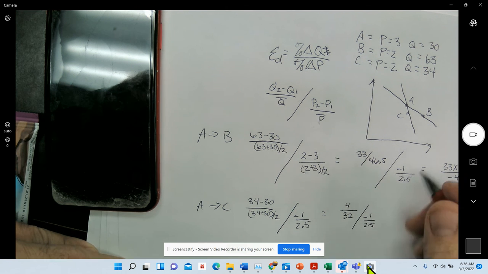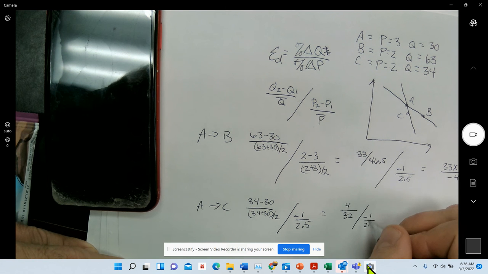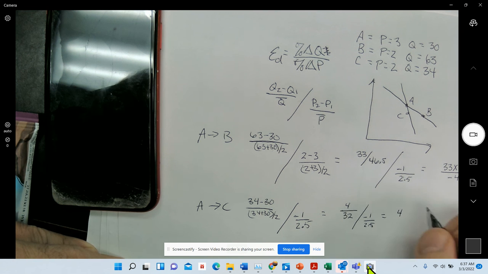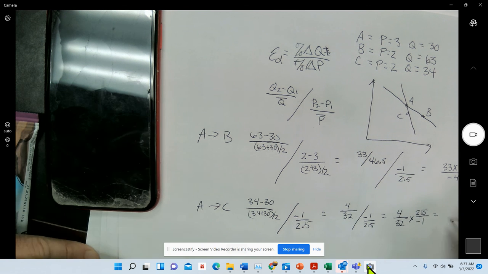I could do the same trick: since I'm dividing by a fraction, multiply by the reciprocal. I'll write it out completely in case anybody missed the last step: 4 over 32 times 2.5 over negative 1, which is equal to 4 times 2.5 divided by negative 32.